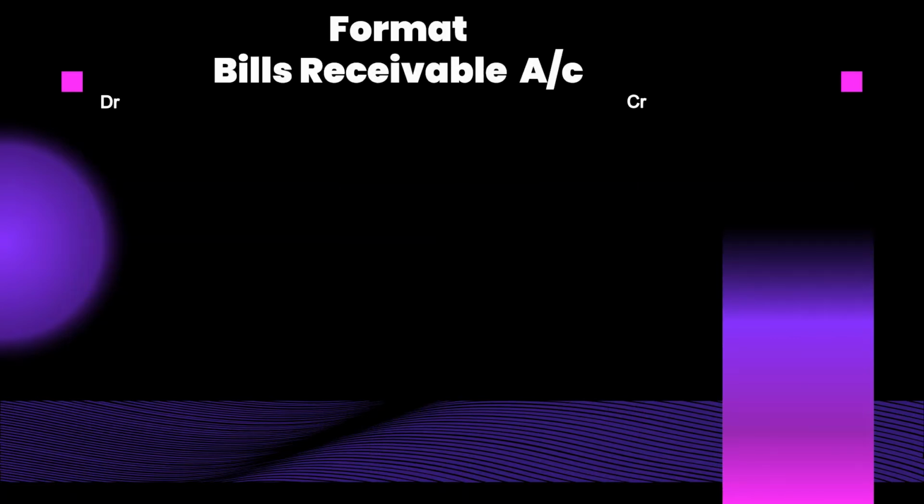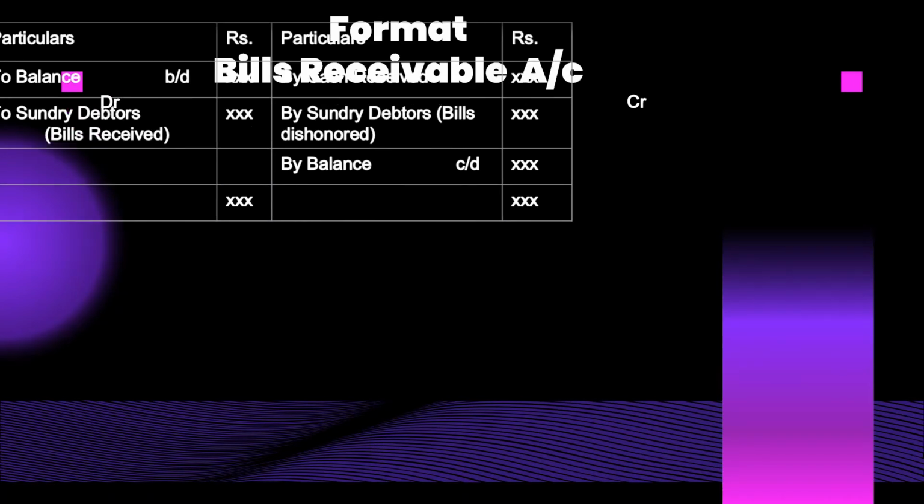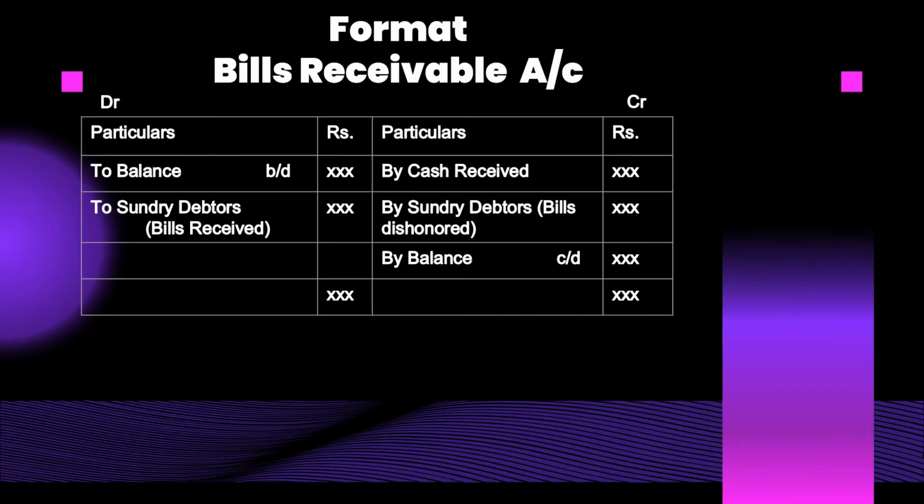Now I will show you the bills receivable account format. See, here only a few items are there. See, as it has a debit balance, on the debit side only you have to start. Here also, the items which increase bills receivable will be recorded on the debit side, and the items which reduce or decrease the bills receivable account will be recorded on the credit side.